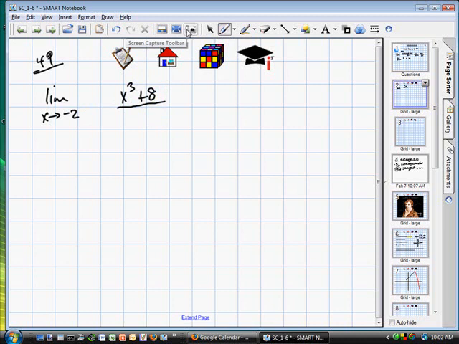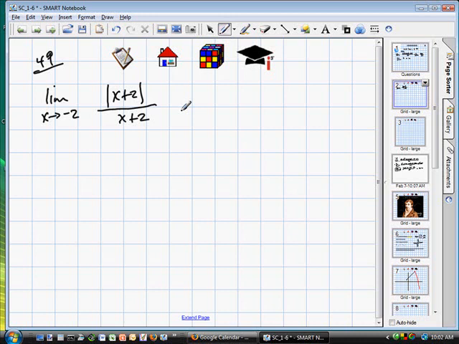So 49, I got the limit right, but the numbers are wrong. It's going to take forever at the rate I'm going here. The absolute value of x plus 2 over x plus 2. Does that look correct? Okay.